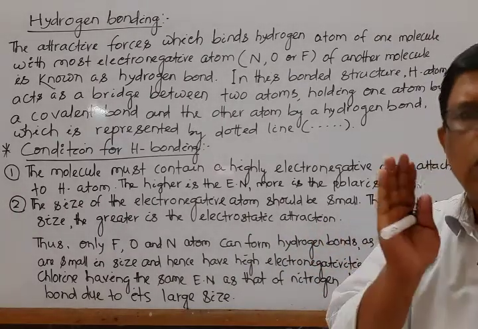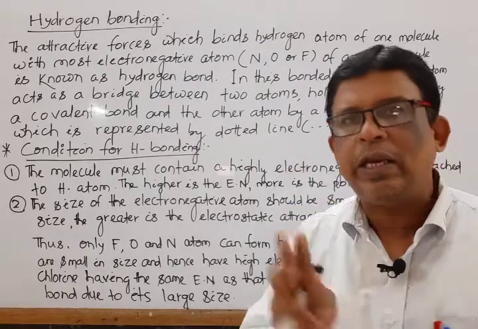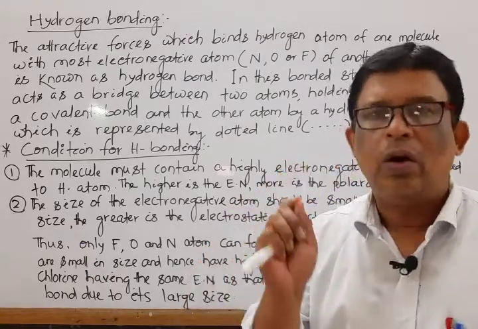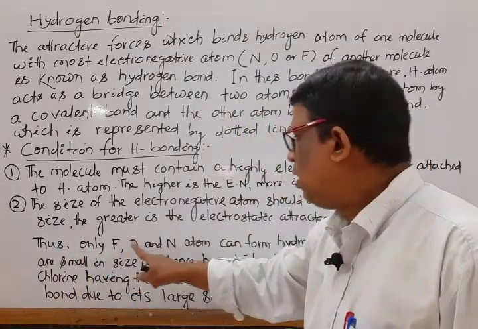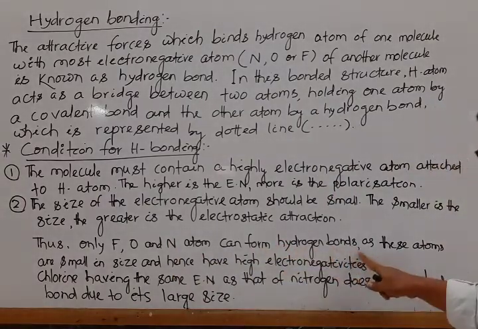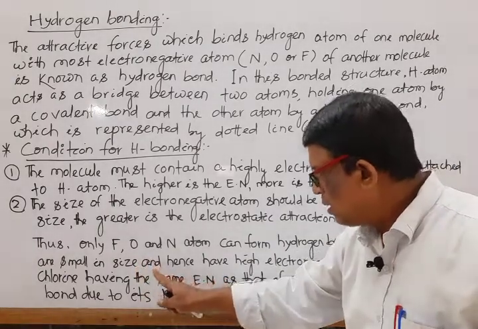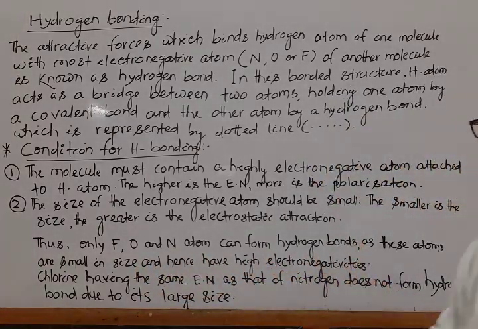So if we consider these two characteristics, this condition is satisfied by three elements, that is fluorine, oxygen and nitrogen. Mark that. Hence, only fluorine, oxygen and nitrogen atoms can form hydrogen bond because these atoms are small in size and hence have high electronegativity.